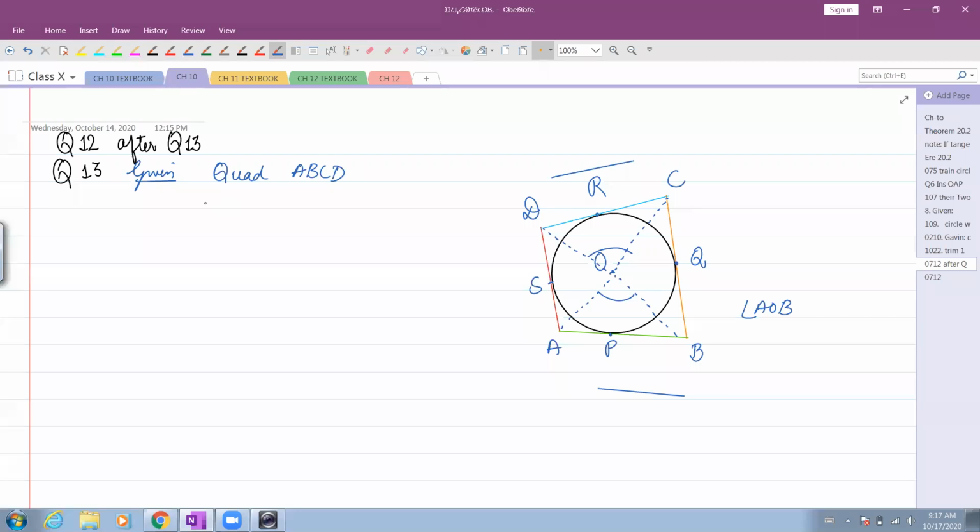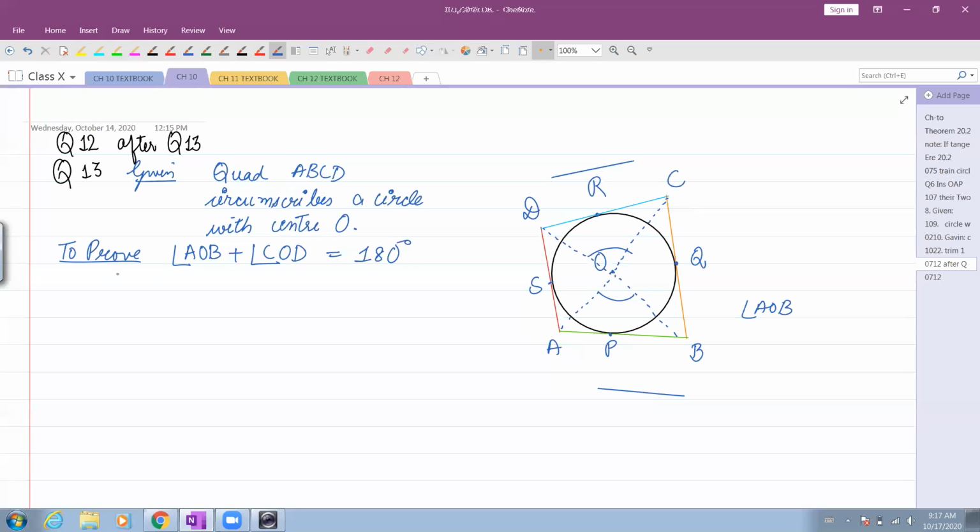Let's write down quadrilateral ABCD. So we are going to do some construction here.